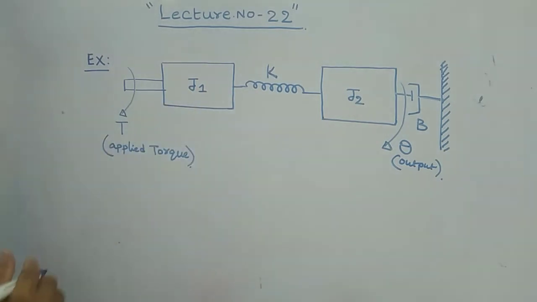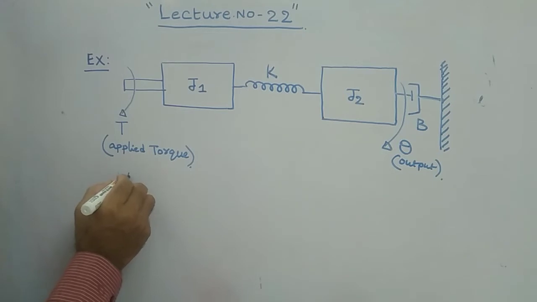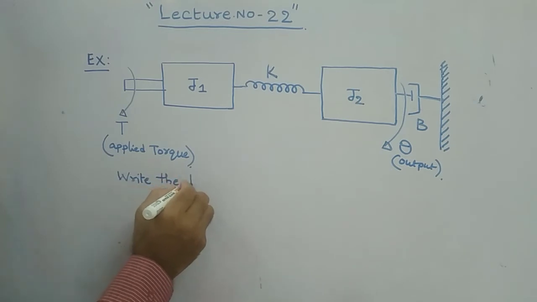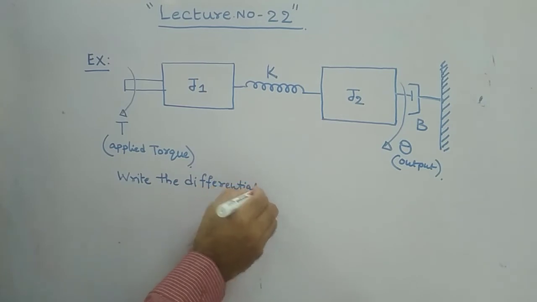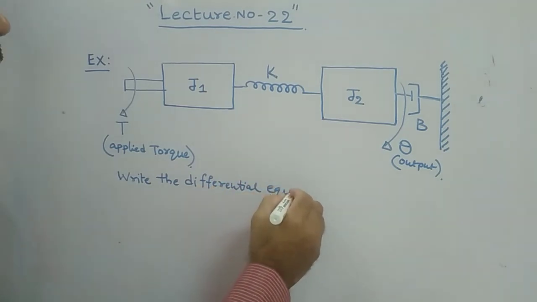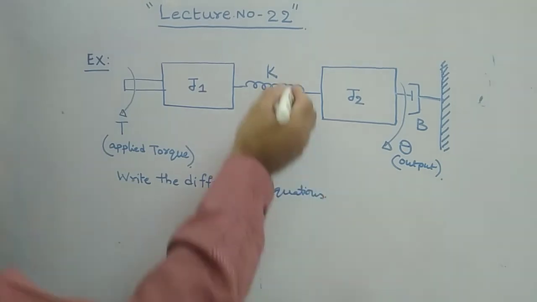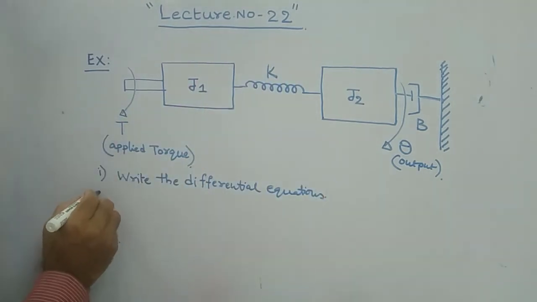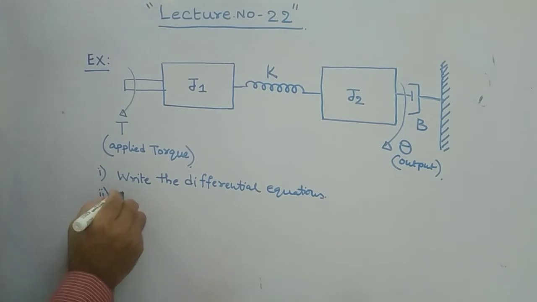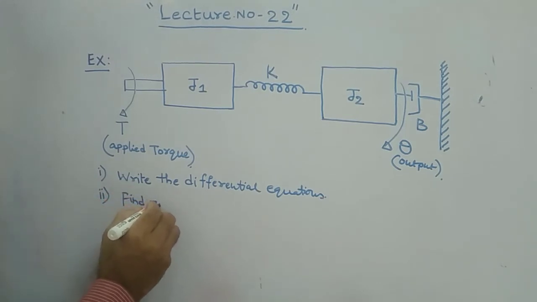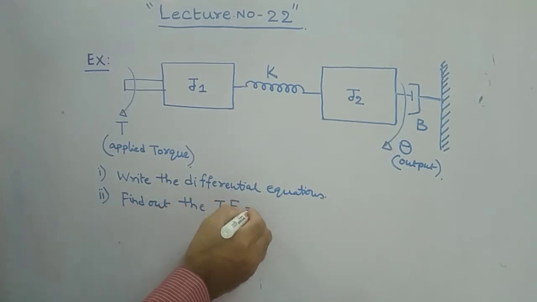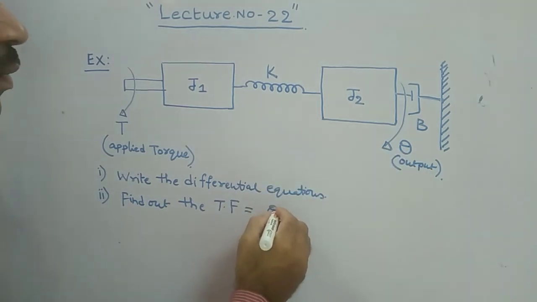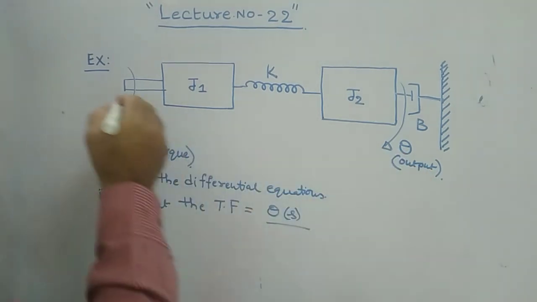For this, the question is: write the differential equations governing this mechanical system, and second, find the transfer function, which is the output theta of s by the input T of s.